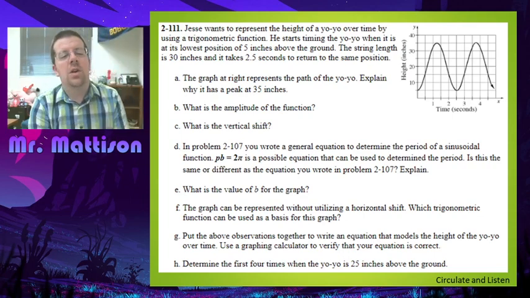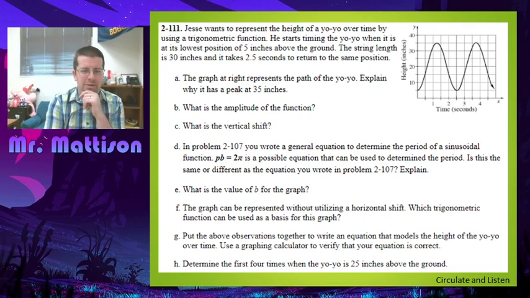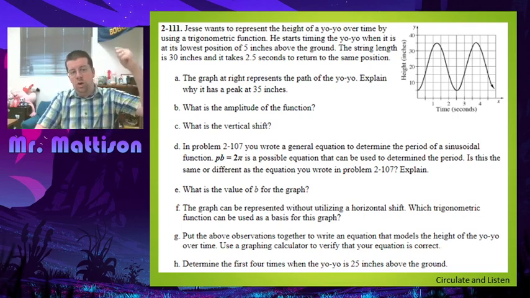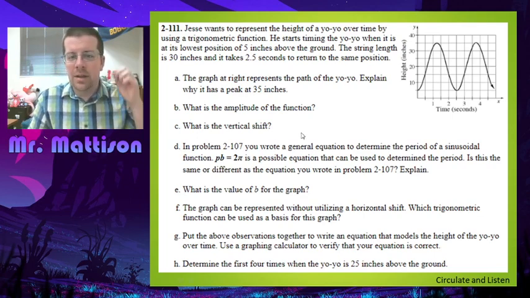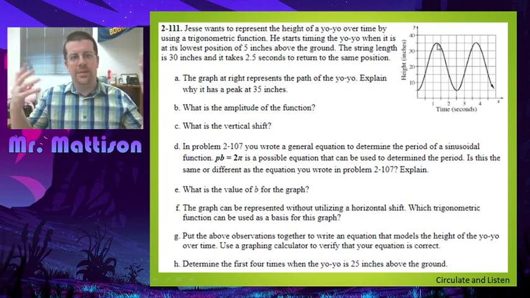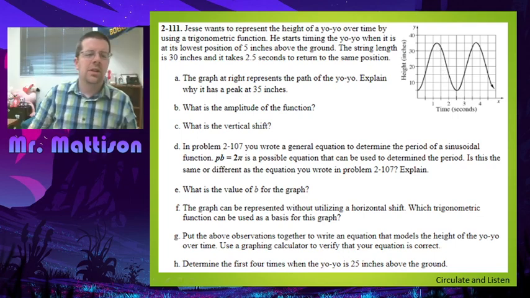So first of all, why is the maximum point of our yo-yo here at 35 inches when the string is only 30? Well, that's because we're holding it at 35 inches above the ground, because we don't want it to actually hit the ground. From the low point to the high point, that's 30, but since we're going to be up higher, that's why it's at 35.